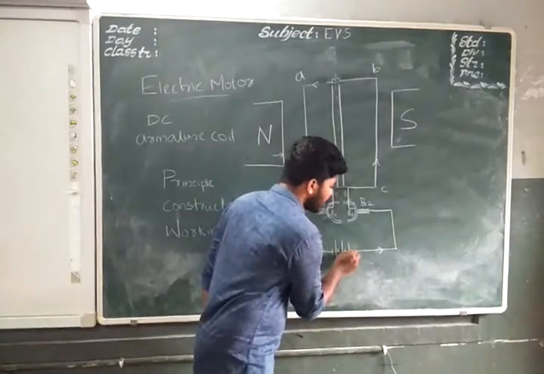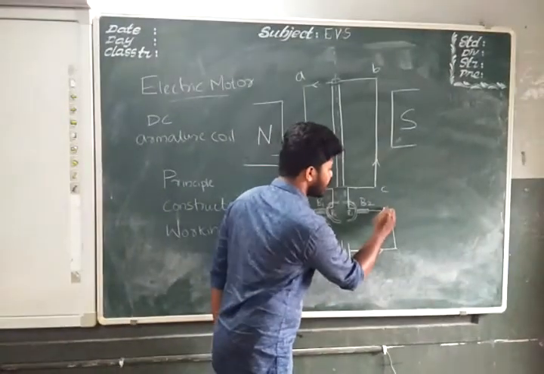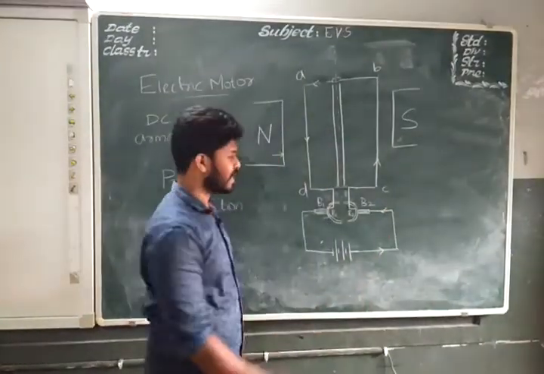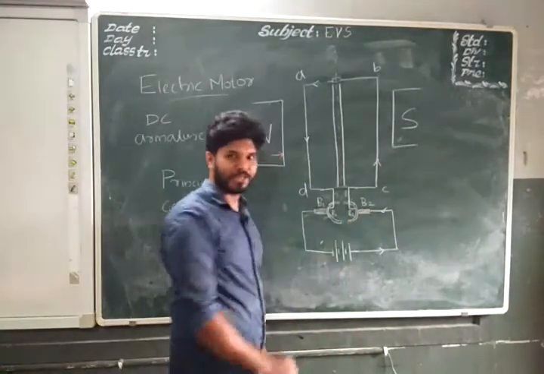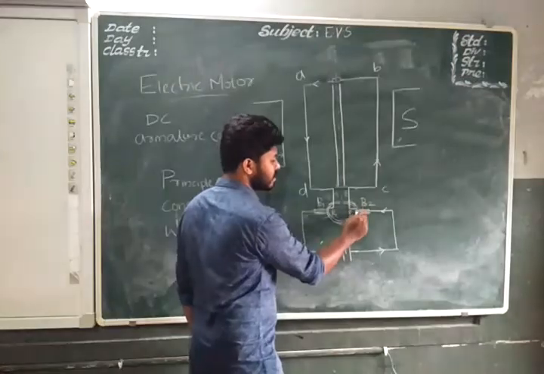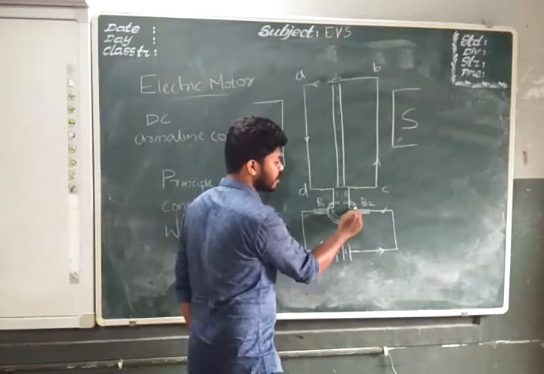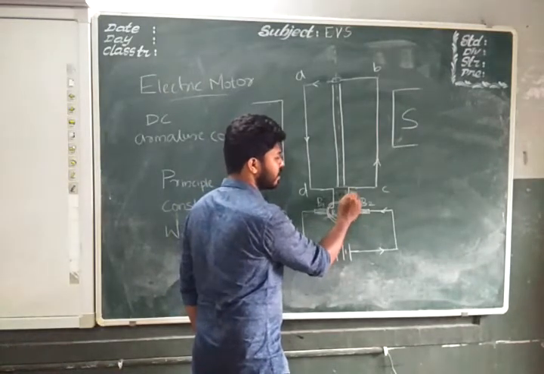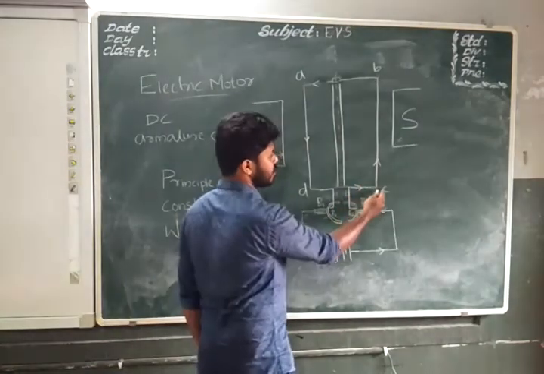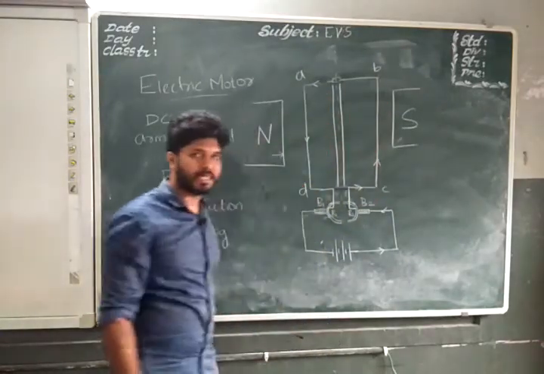It moves through here and reaches brush B2, then reaches ring R2. From ring R2, there is a contact to the armature coil. The current starts flowing from C to B, B to A, and A to D.